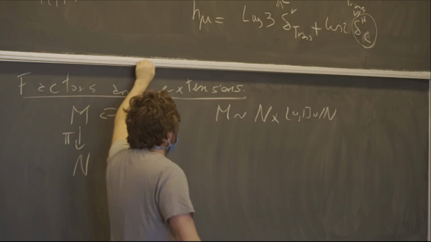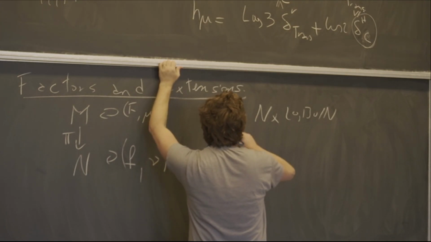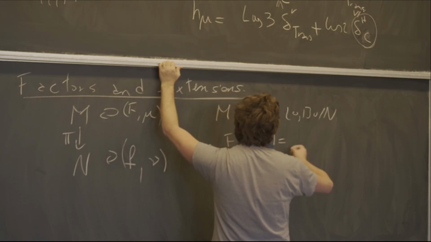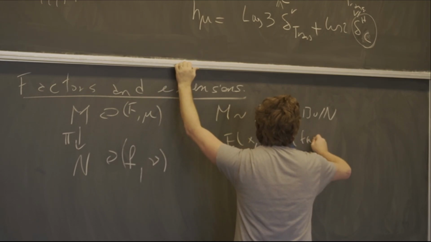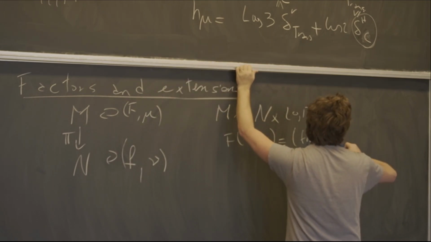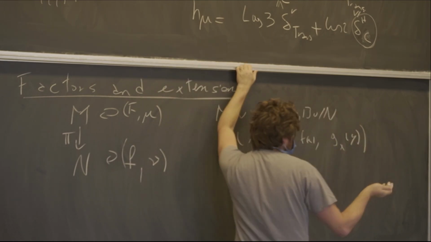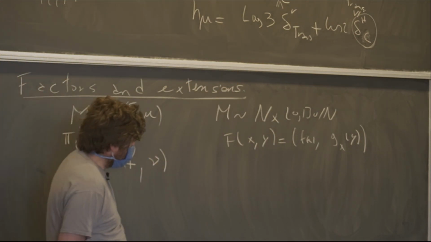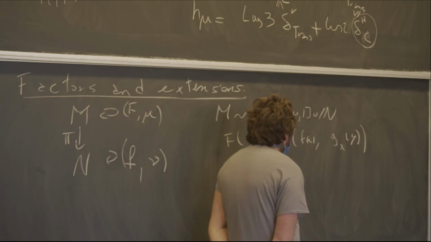And you get that capital F of (x, y) is little f of x and some g_x of y. And then all extensions can be essentially written in this form.